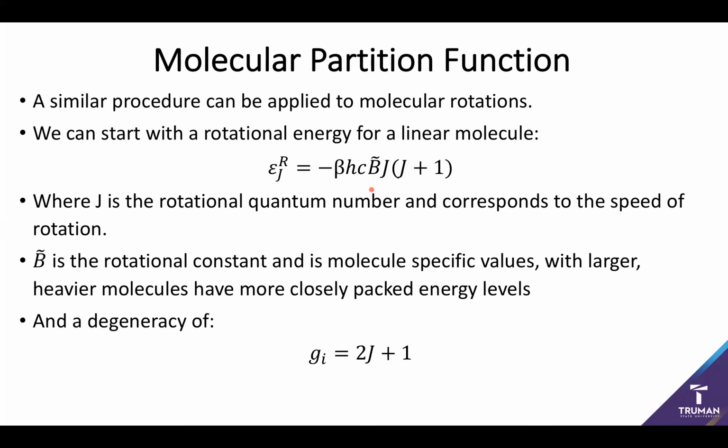And so one of the things that we specifically have to worry about with rotational energies that we didn't have to with translational energies is the fact that there is a degeneracy factor when talking about rotations.